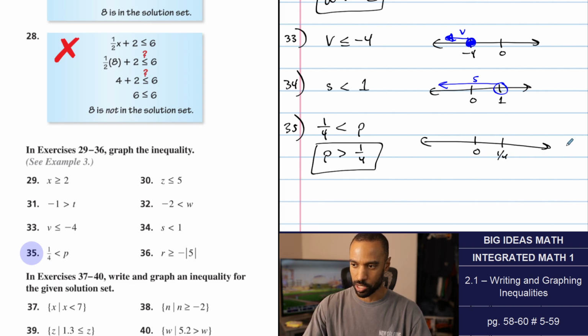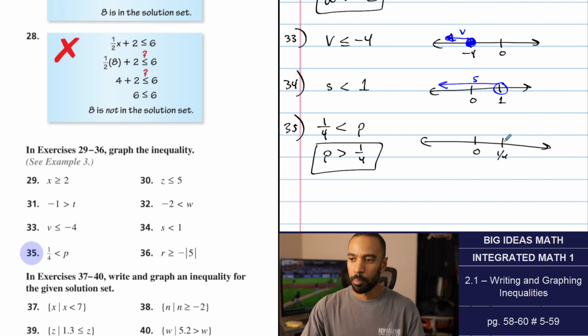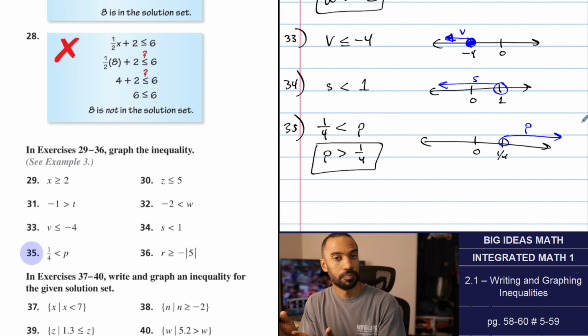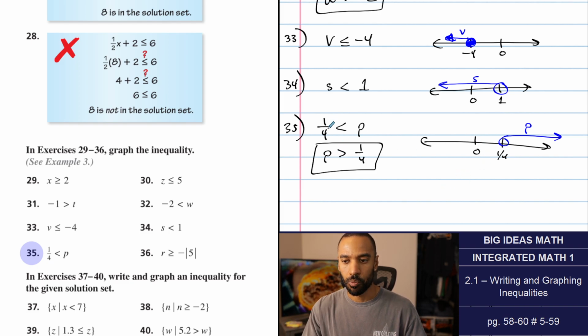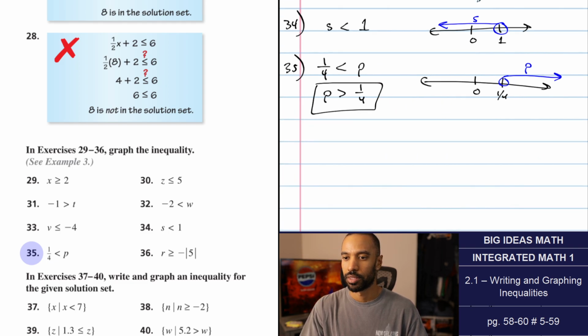Barely, right? 1 is somewhere out here. 1/4, 2/4, 3/4, 4/4 is 1. But p is greater than it, not including it. So p can be 1, right? That's greater than 1/4. It can't be 0. 1/4 is less than 0 is not true. 1/4, a positive number, can never be less than 0.